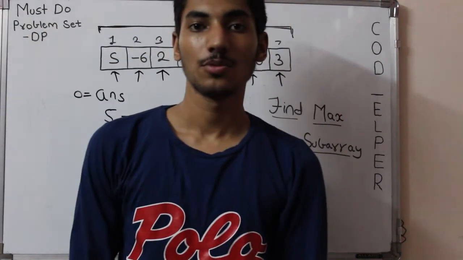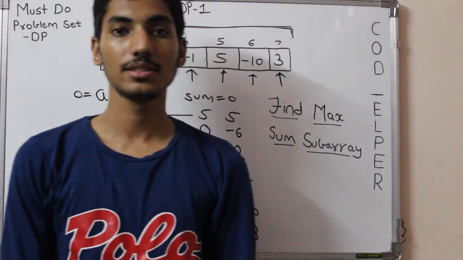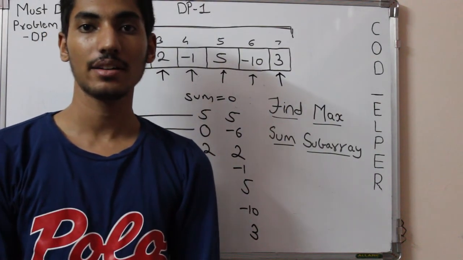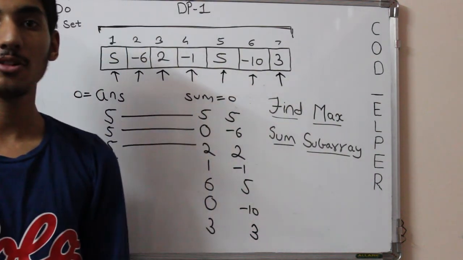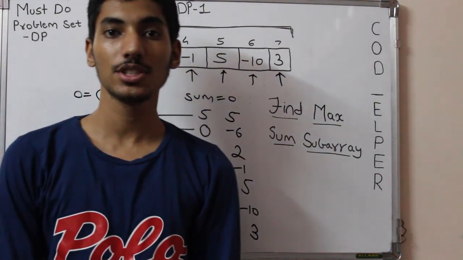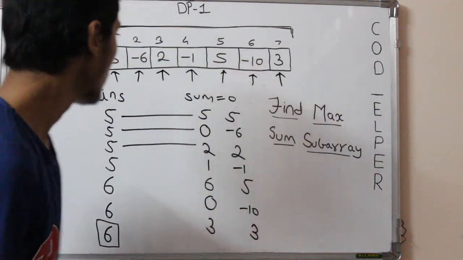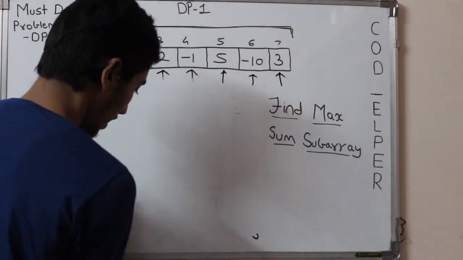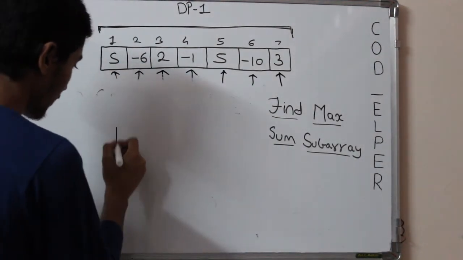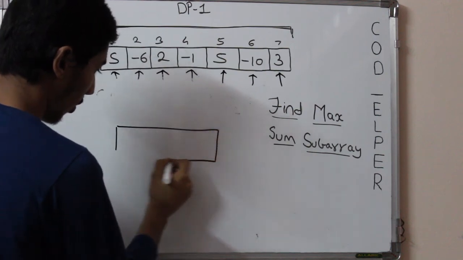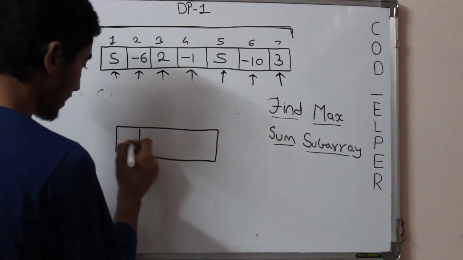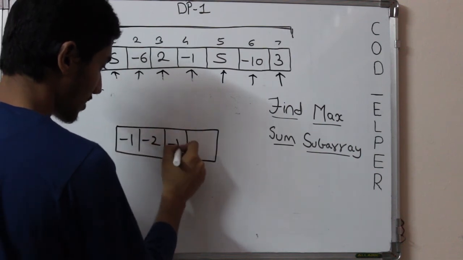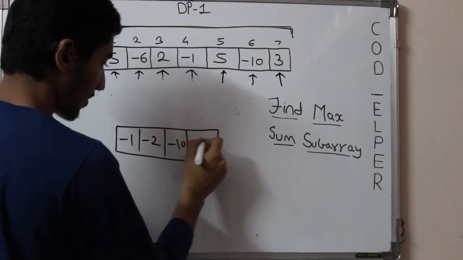One precondition which we require to check is that if all the elements present in the array are negative, then we have to print the element which is maximum. Suppose our array is of 4 elements and the elements are minus 1, minus 2, minus 10, minus 5.